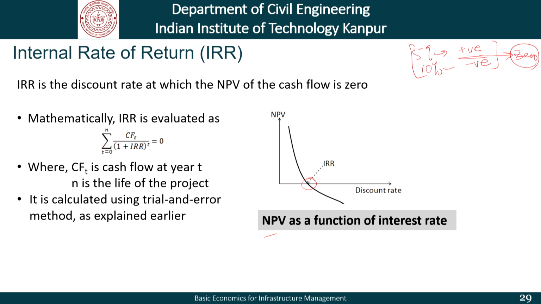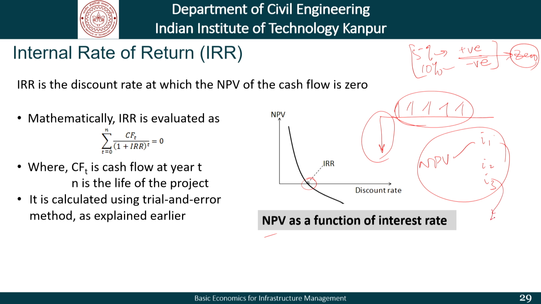Try to make it more complicated by saying that okay, if instead of a single investment here and then having equal or more or less equal revenues, if this became different, then what will be the NPVs at I1, I2, I3 and so on, and at what I will the NPV be 0.